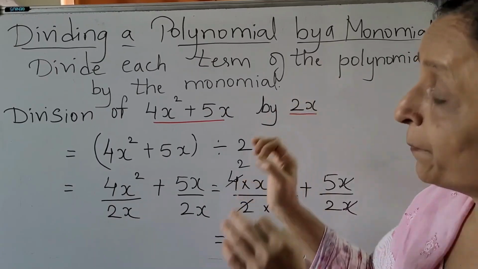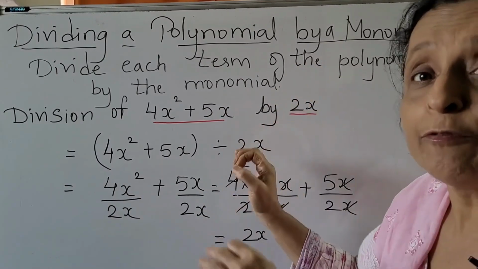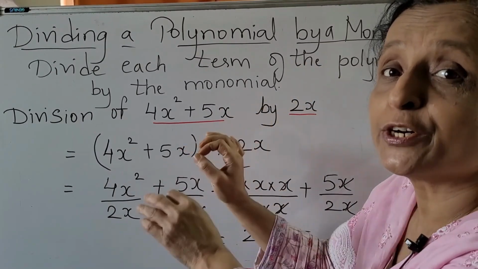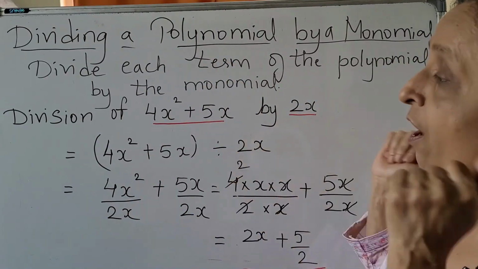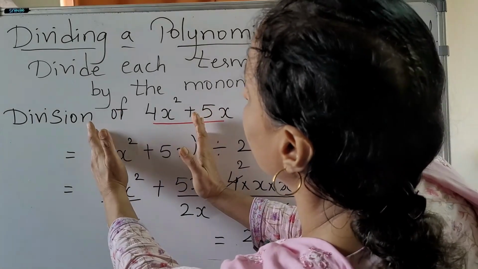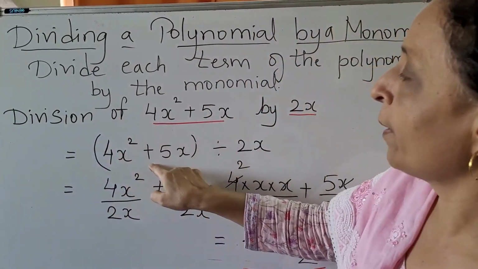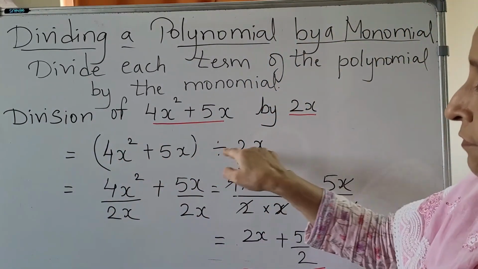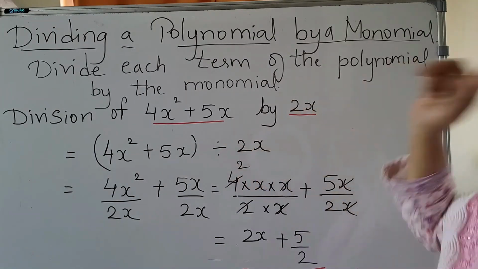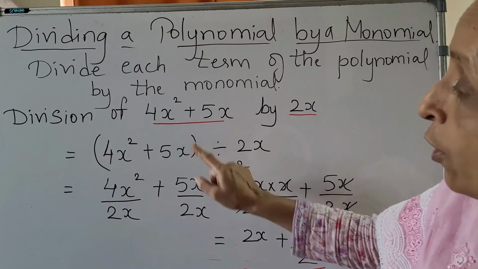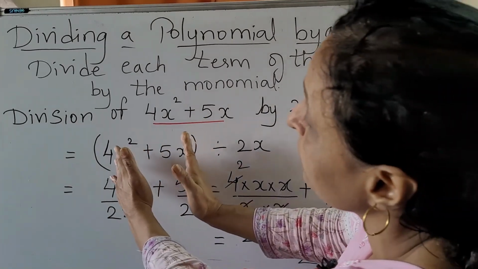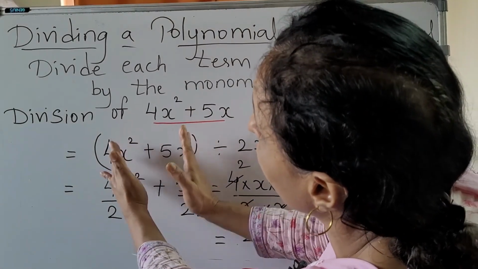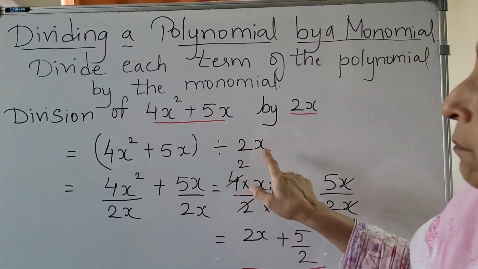So this is how the division of monomial works. Now, dividing a polynomial by a monomial. What you have to remember is you have to divide each term of the polynomial by the monomial. Let's see how. This is the polynomial 4x square plus 5x, which is divided by the monomial 2x. So now the terms have to be separated and each term has to be divided by the monomial.